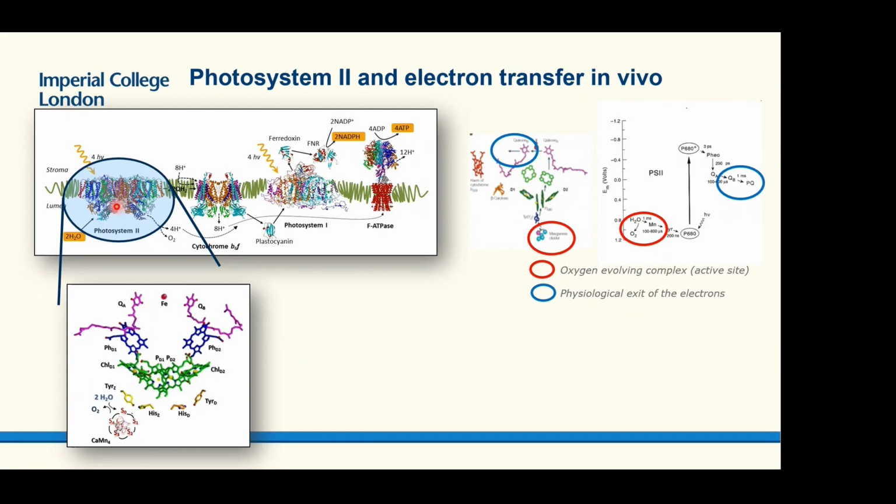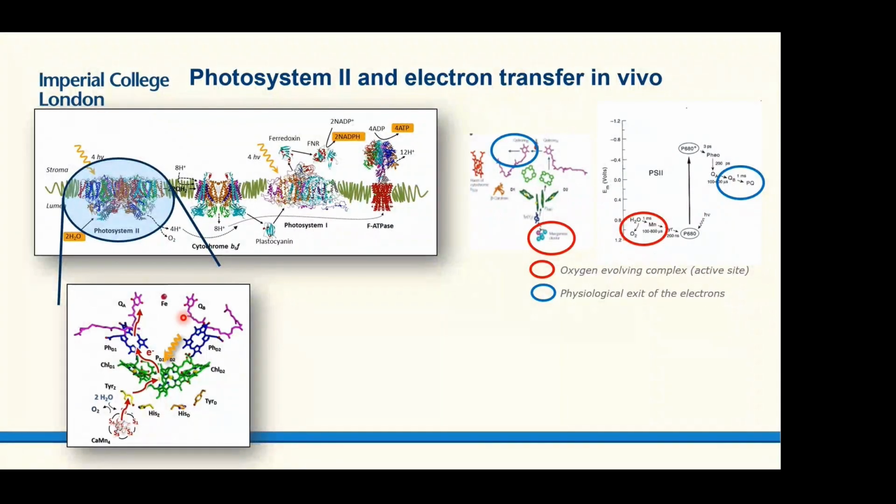It contains, in a reaction center, a series of cofactors that absorb light, and you can then drive charge separation. The electrons move in one direction towards the quinone, and a positive charge moves in the other direction, and you have electron transfer from the tyrosine and then from the catalytic side, and then you have accumulation of 4 holes at the manganese cluster for driving the oxidation of water.